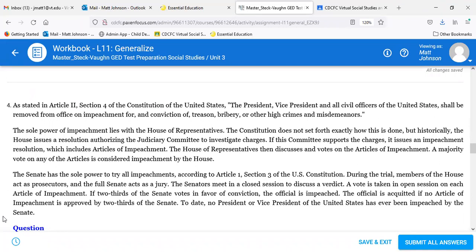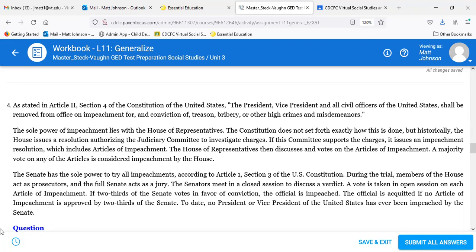But you'd have to have that 2/3 of the Senate, and you just don't get enough votes because there's typically going to be too many senators who are going to side with the president on that issue. And the only other case was with Richard Nixon, who was staring at impeachment, and he resigned before he could be impeached. That may have turned out different. He may have been removed from office, but of course we'll never know. Just want to point that out there.